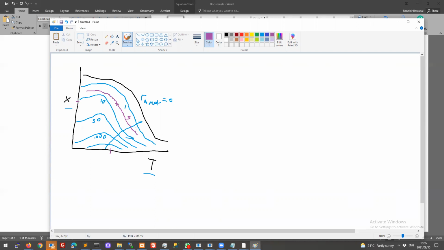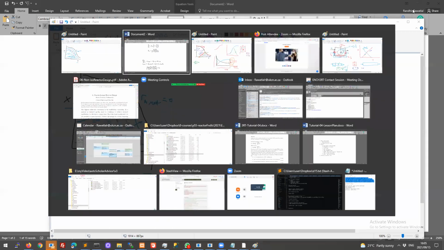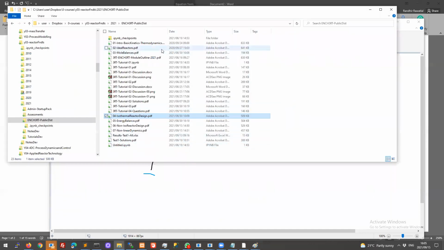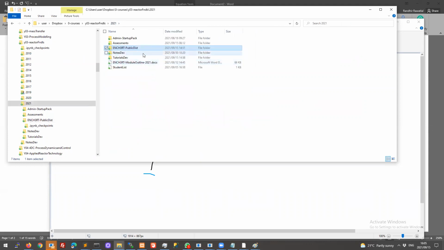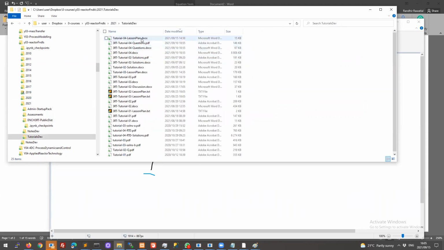Now, the reason we'll be using this plane quite a lot is because it summarizes nicely everything that's going to happen in our reactor. And I actually want to pull up a slightly better organized diagram of this. I'm just stealing from the tutorial. So let's go to my development folder.